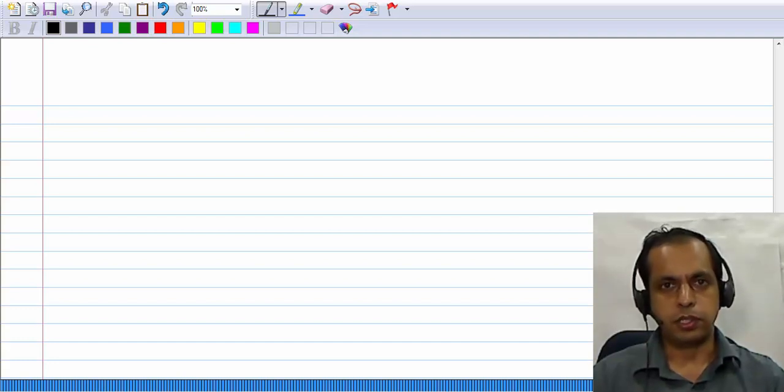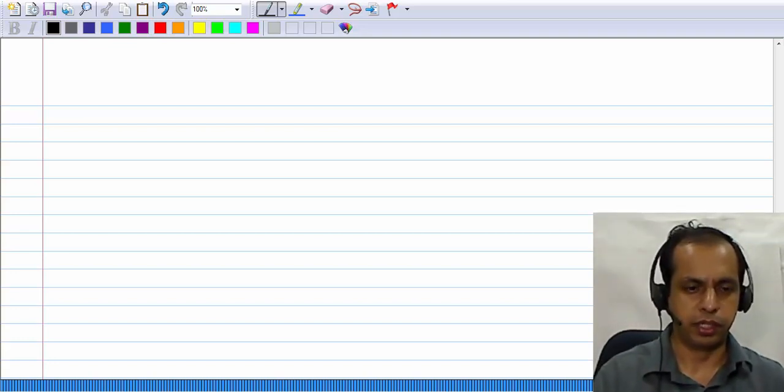We have discussed the concept of virtual shorts in circuits which have op amps in negative feedback loops. Now we can do the same for transistors in negative feedback.